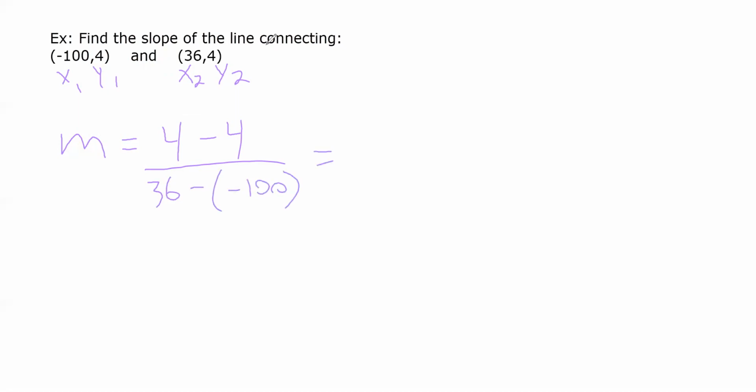Well, wait a minute there. You're going to get a 0 on top. 36 minus negative 100 becomes 36 plus 100, but that doesn't matter. You're going to get 136 on bottom. And 0 divided by any non-zero number just turns out to be 0. It just negates the whole thing. So again, the interpretation of that is for every 1 unit I go to the right, the thing, well, I can't say it rises 0 units. That doesn't make sense. The thing doesn't change in the vertical direction.